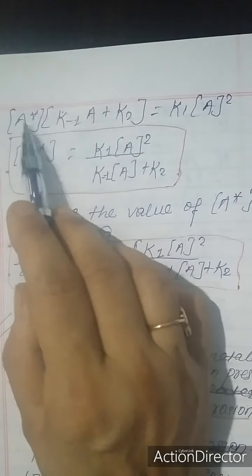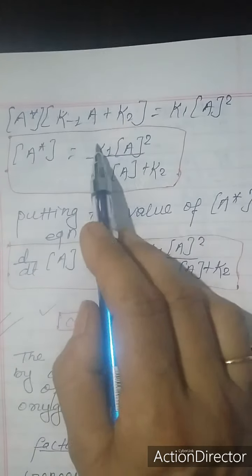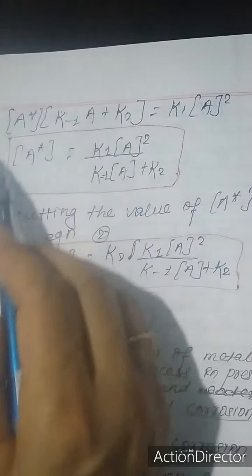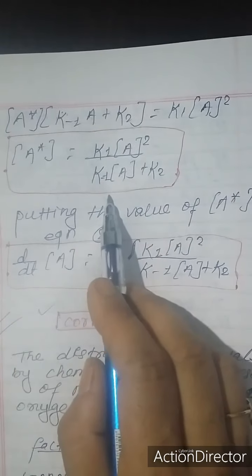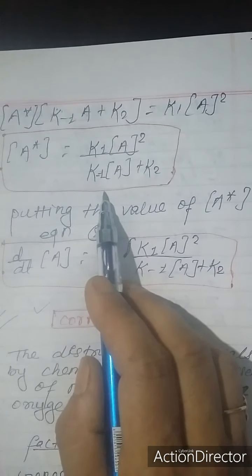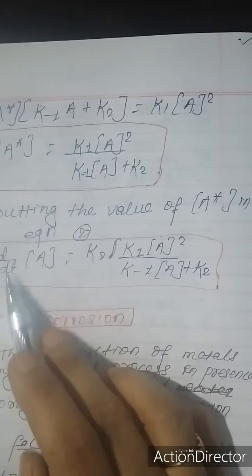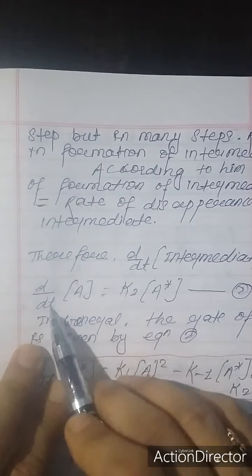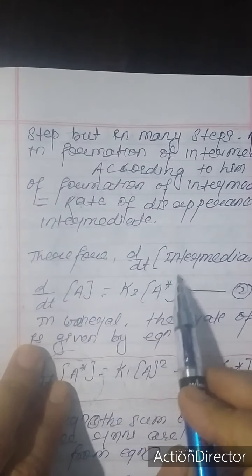So A star, all this will come in the denominator: A star is k1 A square upon k inverse 1 A plus k2. Now this value you will put in the main equation, that is d by dt of A is equal to k2 A star.